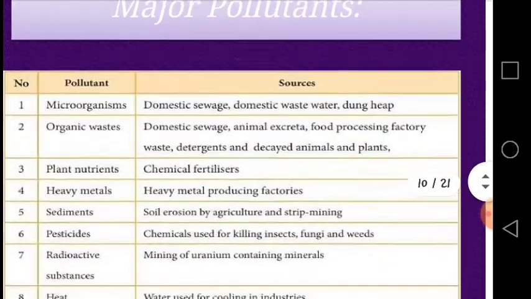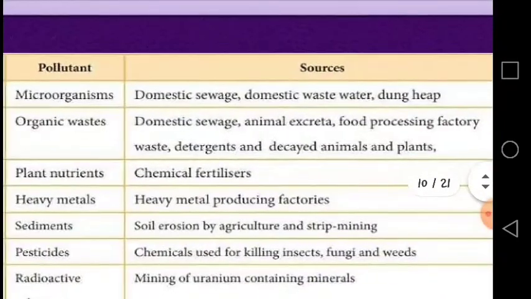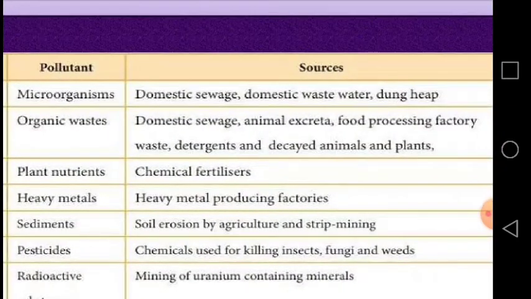Here is a list of some major pollutants. Microorganisms are present in domestic sewage, domestic wastewater, and dung heaps. Organic wastes: domestic sewage, animal excretions, food processing factory waste, detergents, and decayed animals and plants.